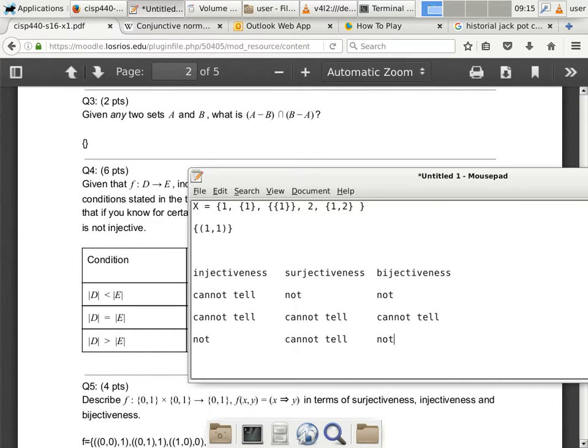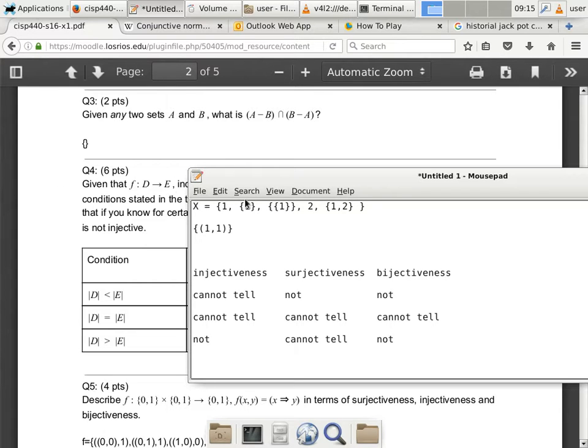Okay, because they could map to more than one. Okay. But just because the cardinality of the domain is greater than the cardinality of the codomain does not guarantee it is surjective. Because you can still end up with a situation where everything maps to the same element in the codomain, so everything else in the codomain is not used.